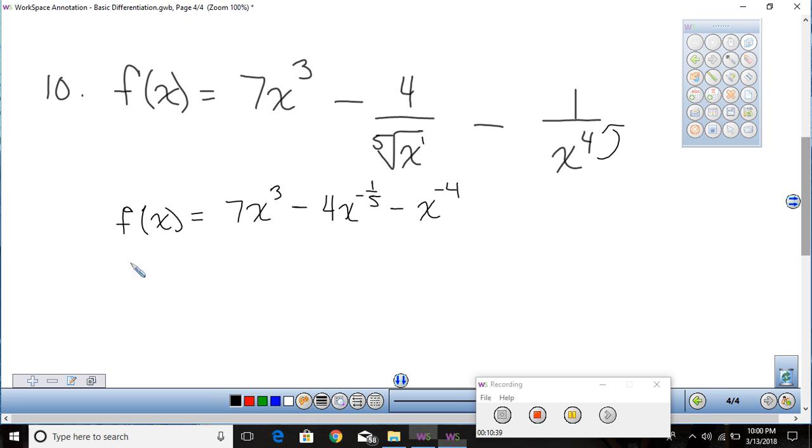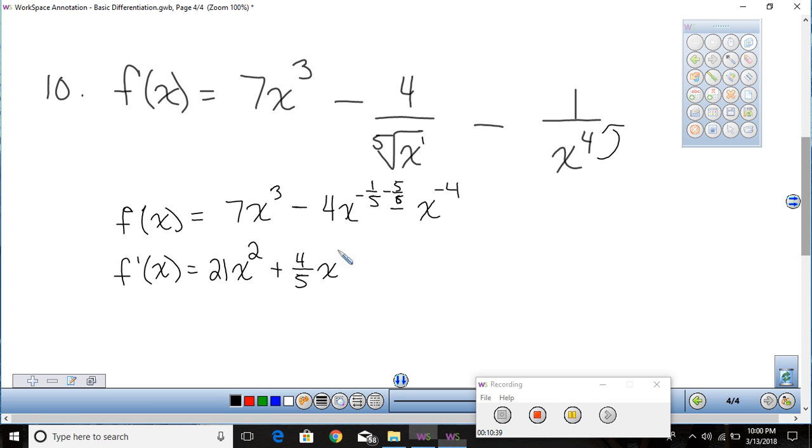Now I'm ready to do the derivative. So I take the first derivative. 3 times 7 is 21 x to the 2nd. I'm going to pull the negative 1/5 down, so that's going to give me a positive 4/5 x to the decrease by 1, which would be 5/5.